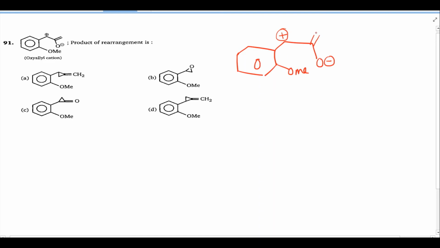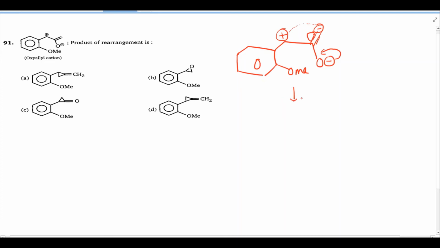You can observe this is the double bond which is undergoing resonance. It is like this, and this is the bond like this. Here this negative, this positive makes one bond.